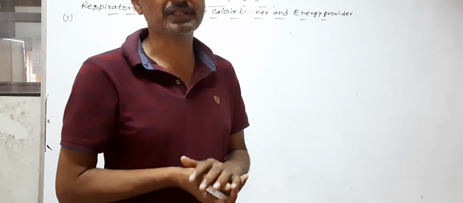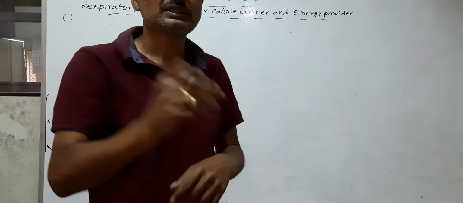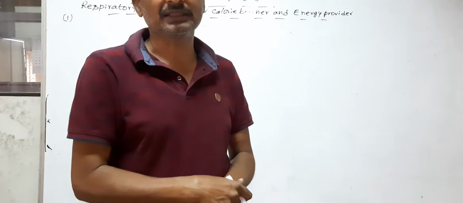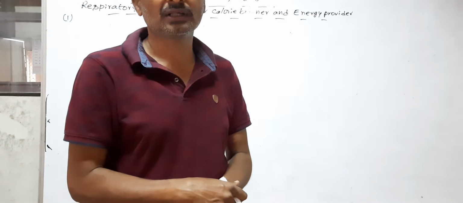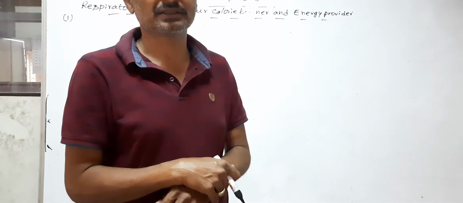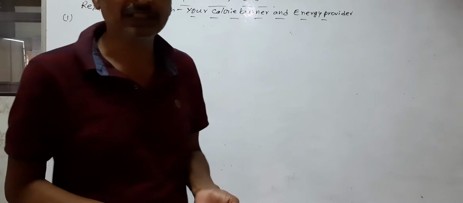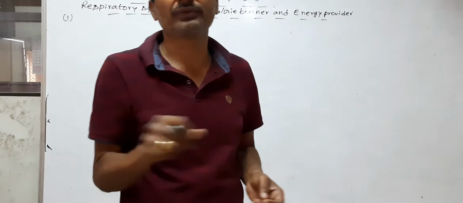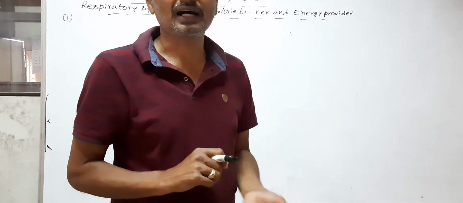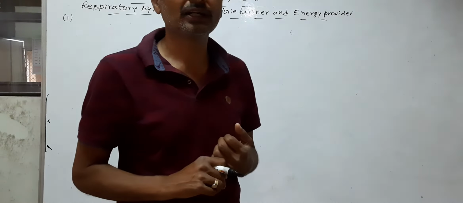So in respiration, O2 is received from our surroundings and utilized for oxidation reactions of the food. In this process, energy is released in the form of ATP, adenosine triphosphate, and also forms CO2 and H2O as end products.